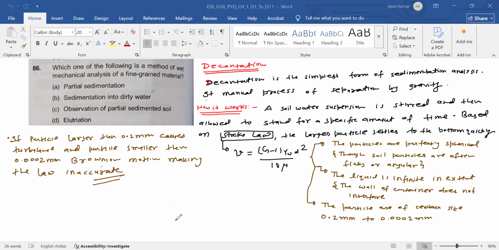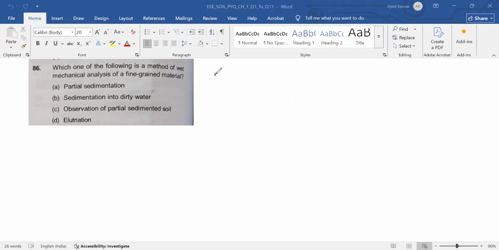The first one is decantation. Second is illustration.